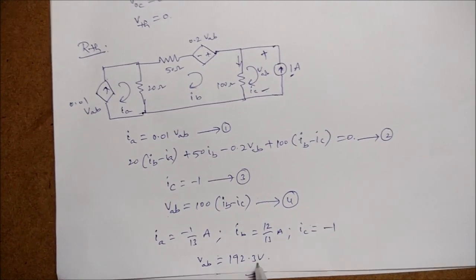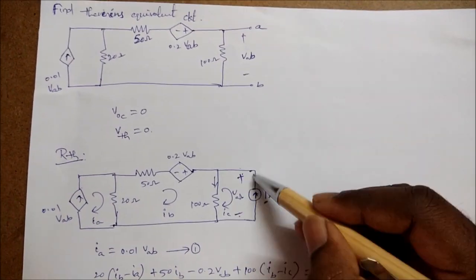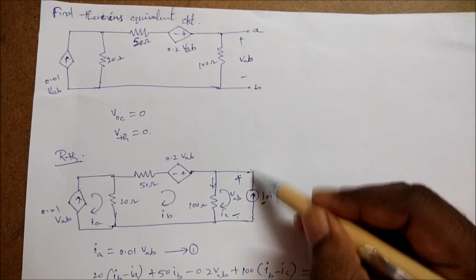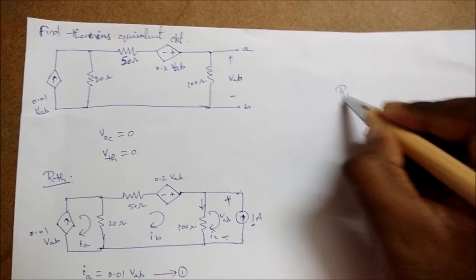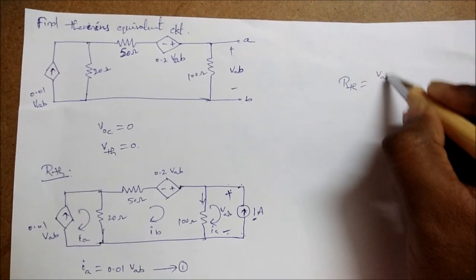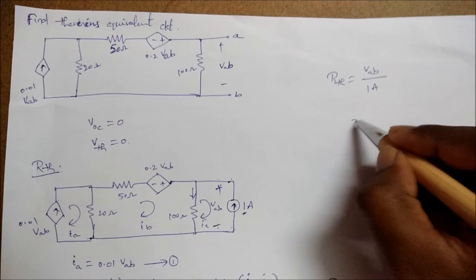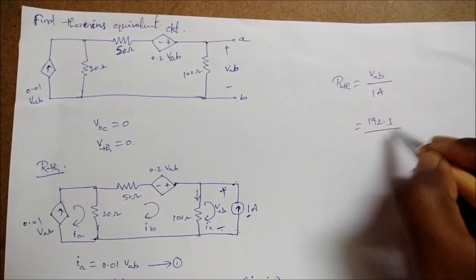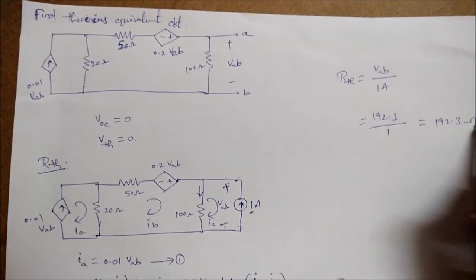So you will get 192.3 volts. So the voltage VAB across this current source will be 192.3 volts. So RTH is equal to VAB divided by 1 ampere, that is the current source value, that is 192.3 divided by 1, which equals 192.3 ohms.